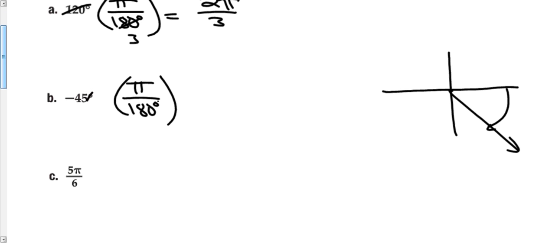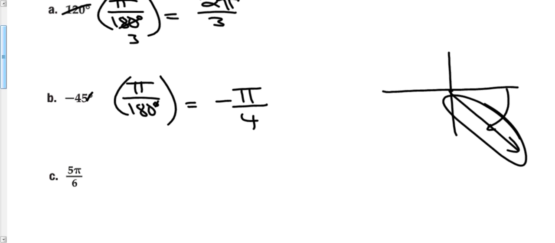The degrees cancel out, and we're left with a unitless measure, which is still negative, so we get negative pi over 4. Which is still that angle right there. We're still going the same way, the same distance, and we're still going negative.